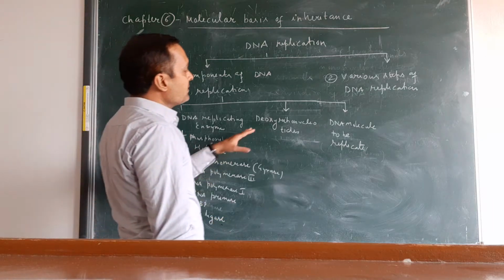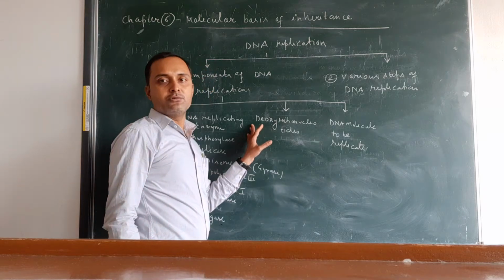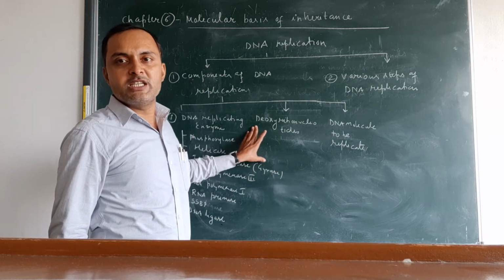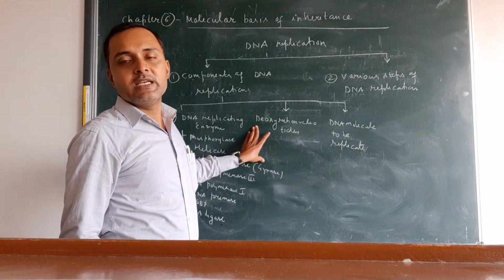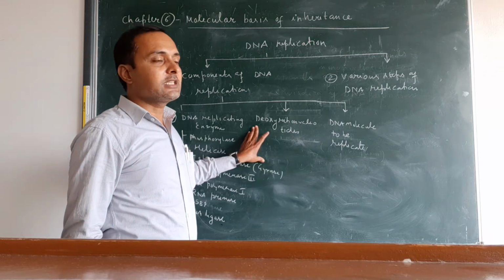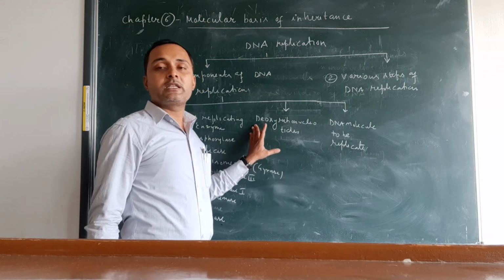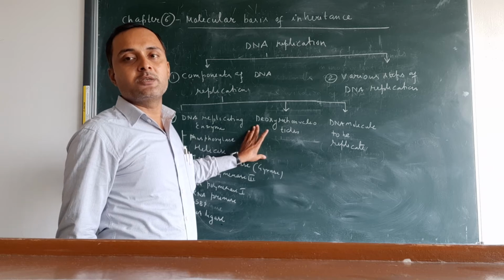There are 4 types of deoxyribonucleotides. You know there are 4 types of bases present in DNA: A, T, G, and C. A stands for adenine, T stands for thymine, C stands for cytosine, and G stands for guanine.